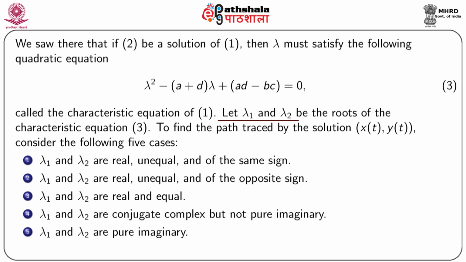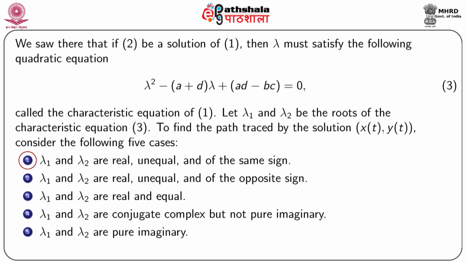Let λ1 and λ2 be the two roots of the characteristic equation 3, and then we have to conclude what kind of behavior this differential equation portrays for various values of the eigenvalues. We have the following 5 cases.